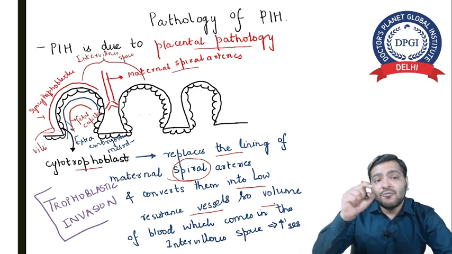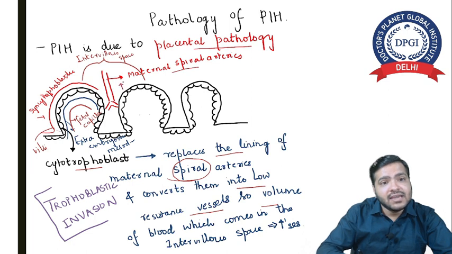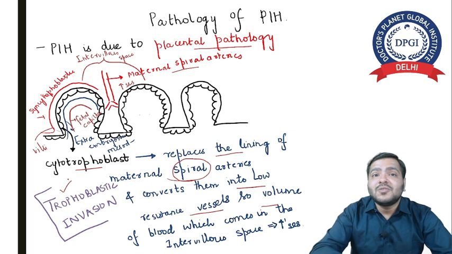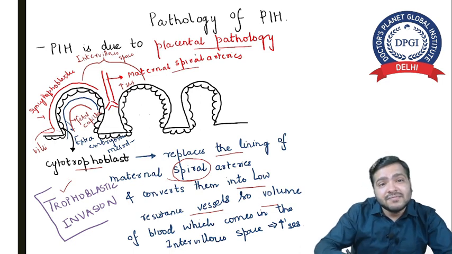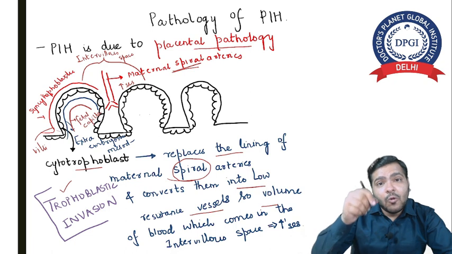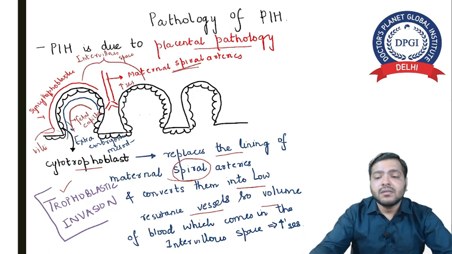So the volume of blood coming into the intervillous space will increase. That process is called trophoblastic invasion, because the cytotrophoblast is involved in decreasing the resistance of these spiral arteries which open into the intervillous space. Ultimately, if the resistance is decreased, more blood will come into the intervillous space. So that is called trophoblastic invasion.